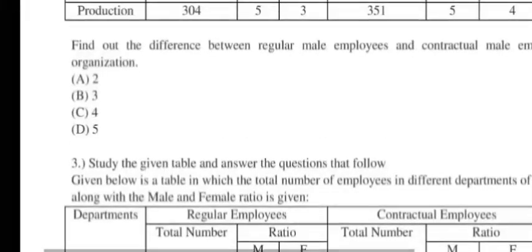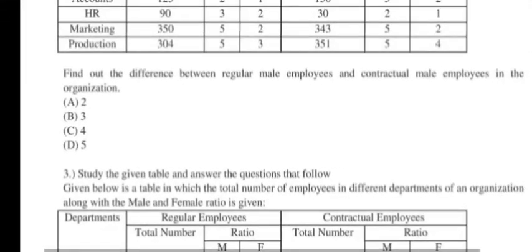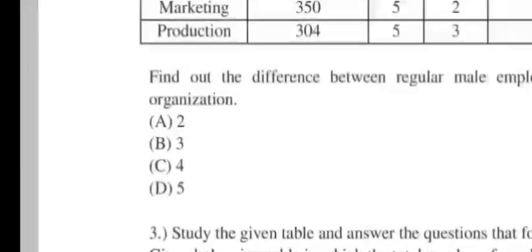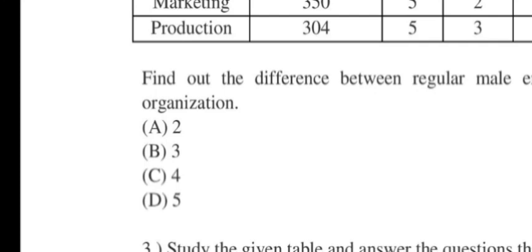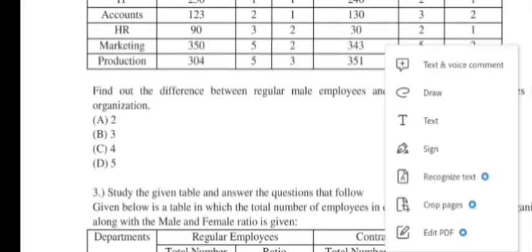Second question says, find out the difference between regular male employees and contractual male employees in the organization. 2, 3, 4, 5. What will be correct? It will be 3.